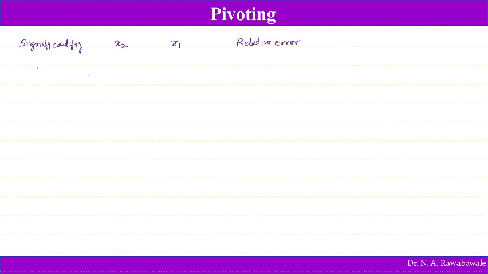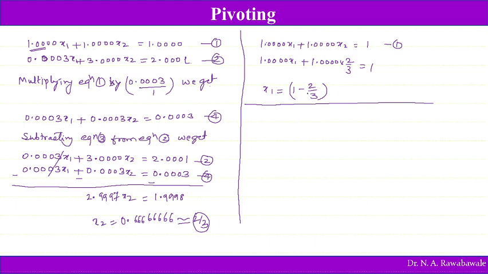Now first we take 3 significant figures for the x2 value, that is 2 by 3 was x2. So 2 by 3 we consider as 0.667. Then the x1 value, which is given by this equation as x1 is equal to 1 minus 2 by 3.